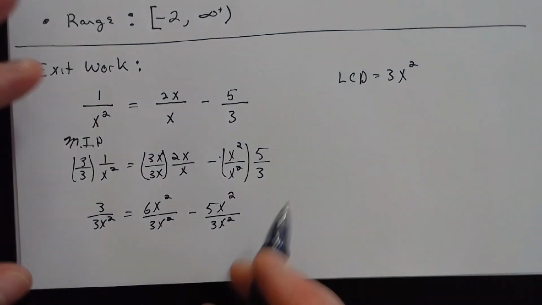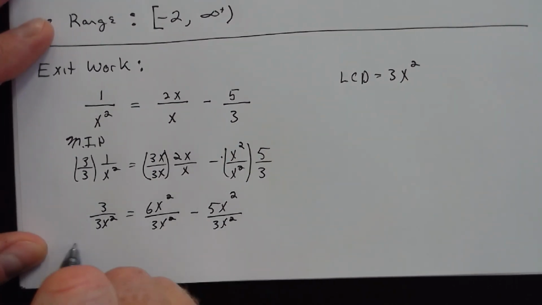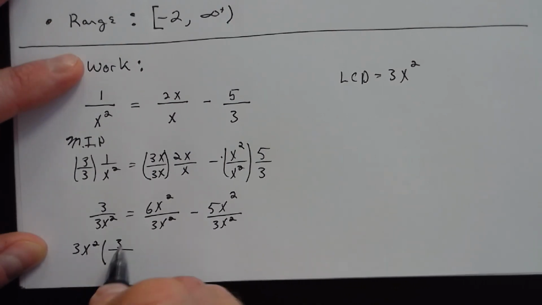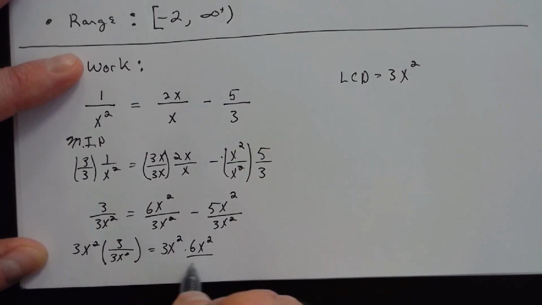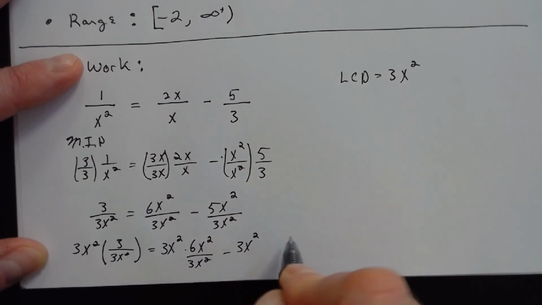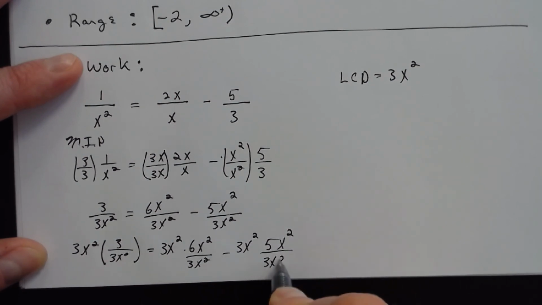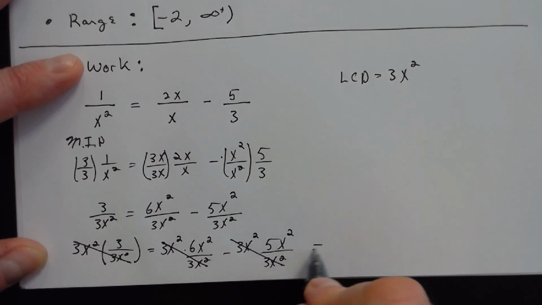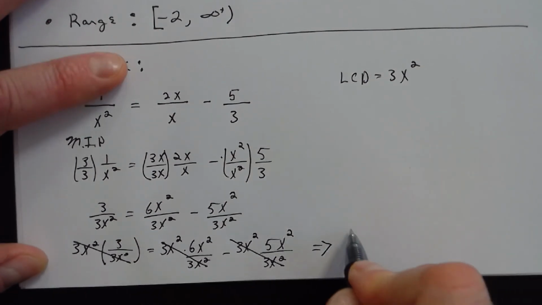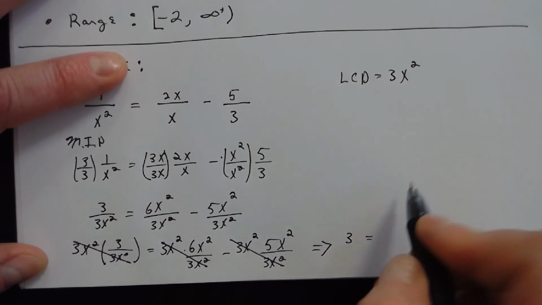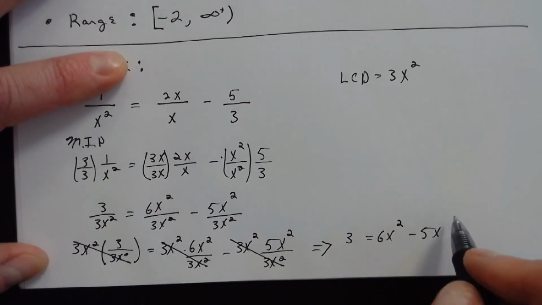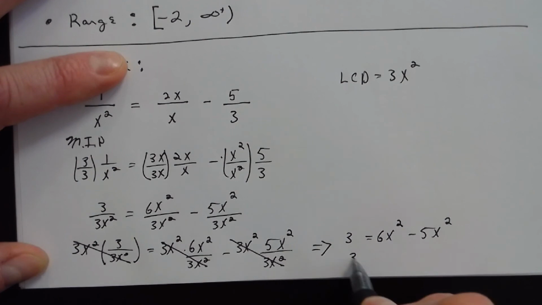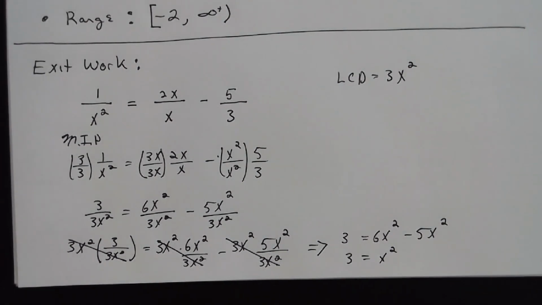We can use the multiplicative inverse property to multiply 3x squared all the way through. 3 is equal to x squared.